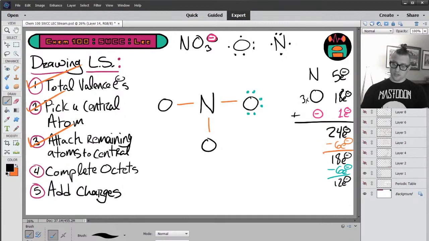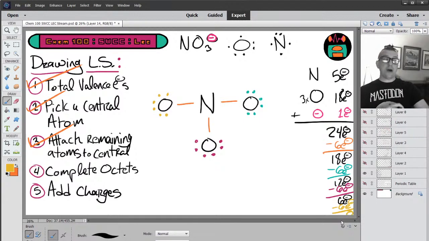Our next oxygen also needs 6 more electrons. We have it in the budget, so let's go ahead and spend them. Our final oxygen also needs 6 electrons, and we have 6 electrons exactly in the budget.